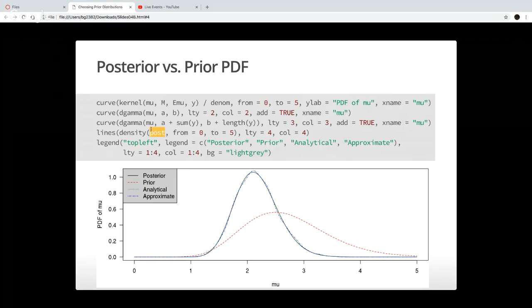And then finally, we can contrast all that with a plot of the curve in red of the prior that we started with, gamma PDF with shape A and rate B. So the black, the green, and the blue lines are all equivalent to each other. There's some approximation error with the blue one, but you can see it's basically talking about the same thing.